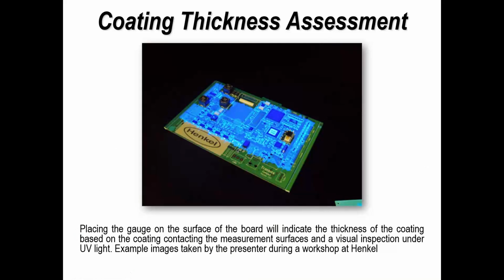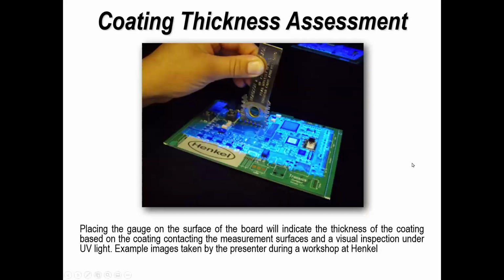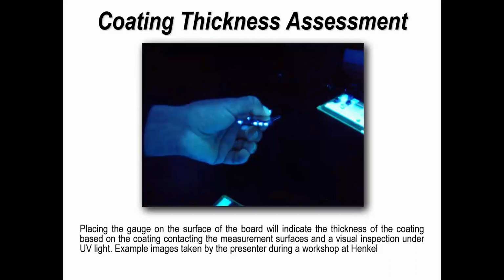So conformal coating, here's an example. This is a test board that was being run at Henkel, and you can see the coating under UV light. What we've done with this wet film gauge is we've offered it up onto the coating, and then if I lift it off the surface, you can notice there are 1, 2, 3 points which are glowing under UV light and one at the end.